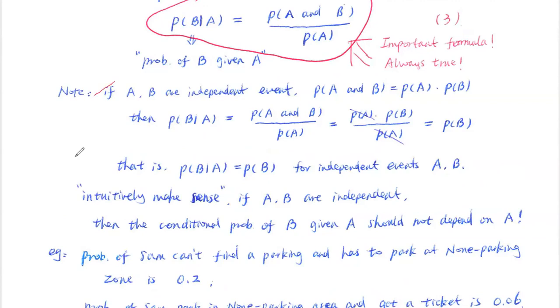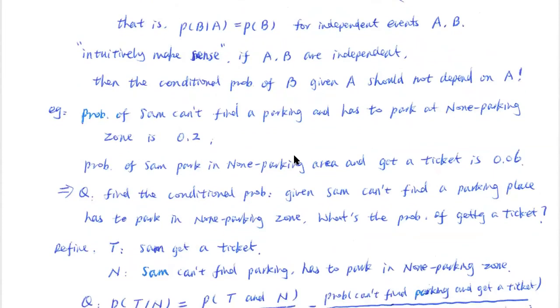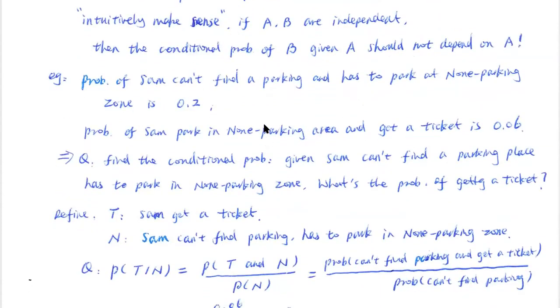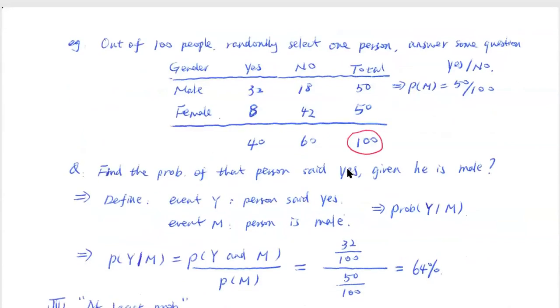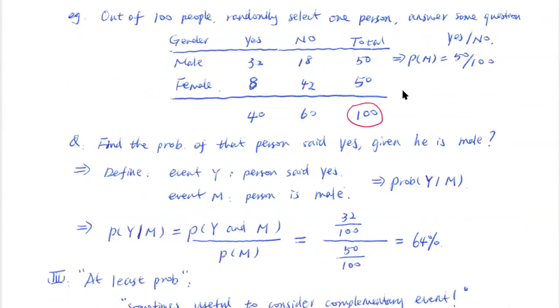You can temporarily forget this piece also. If that confuses you, do not worry about that. This example is not a good example and might get you confused. Let's use another example to explain how we use the conditional probability formula to solve that.